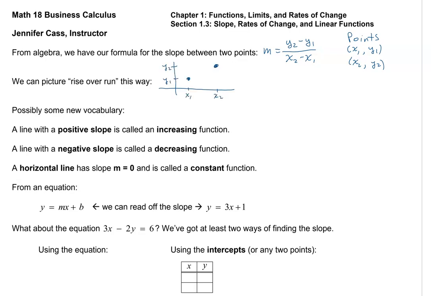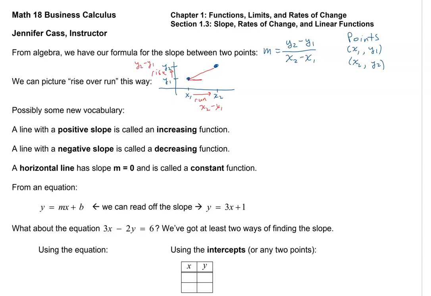Here's a quick graph of just the 2 points, x1, y1, and x2, y2. If I connect these 2 points, then the slope represents the steepness of that line between them, and the run is that distance between x2 and x1, which is x2 minus x1, and the rise is that distance between y1 and y2, which is represented by y2 minus y1.